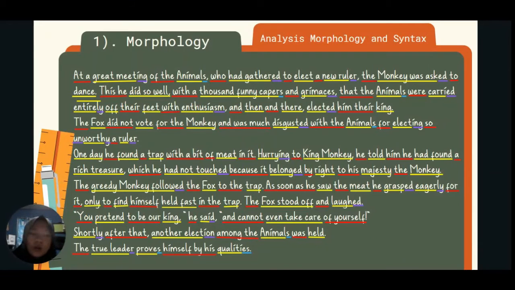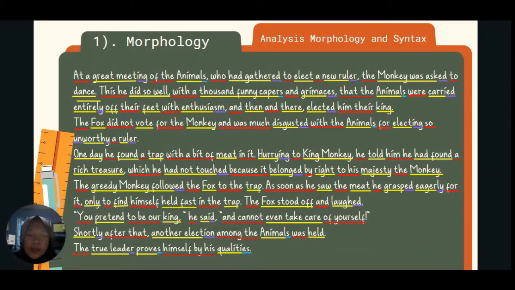Now we go to bound morphemes. Bound morphemes are morphemes that cannot stand alone, like the words underlined with purple and blue colors. For example, ing and s cannot stand alone without being attached to other morphemes.